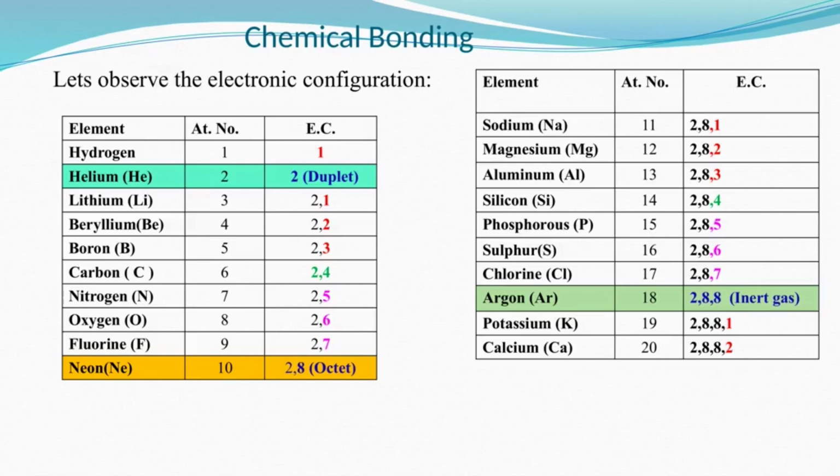It may be of different types. Okay. How they will combine with other elements to make a stable electronic configuration depends upon the electronic configuration itself.